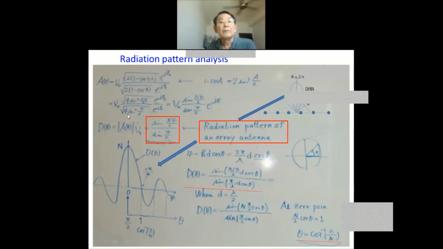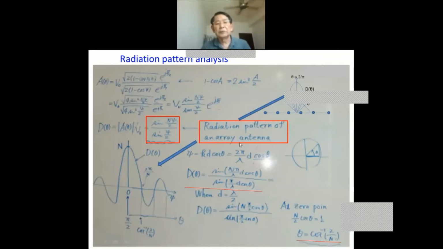The lower part is also 4 sine square of half φ. So finally, A(θ) can be expressed by this one. So the absolute value becomes this value.